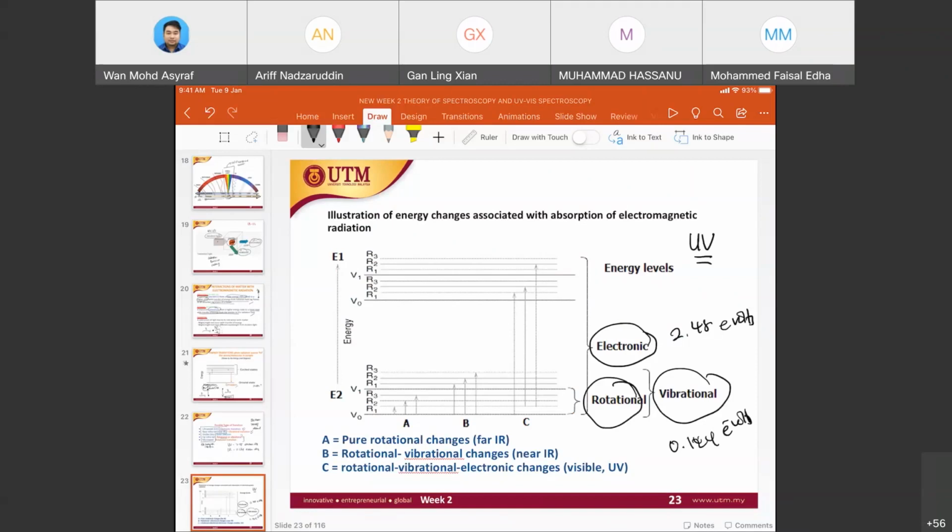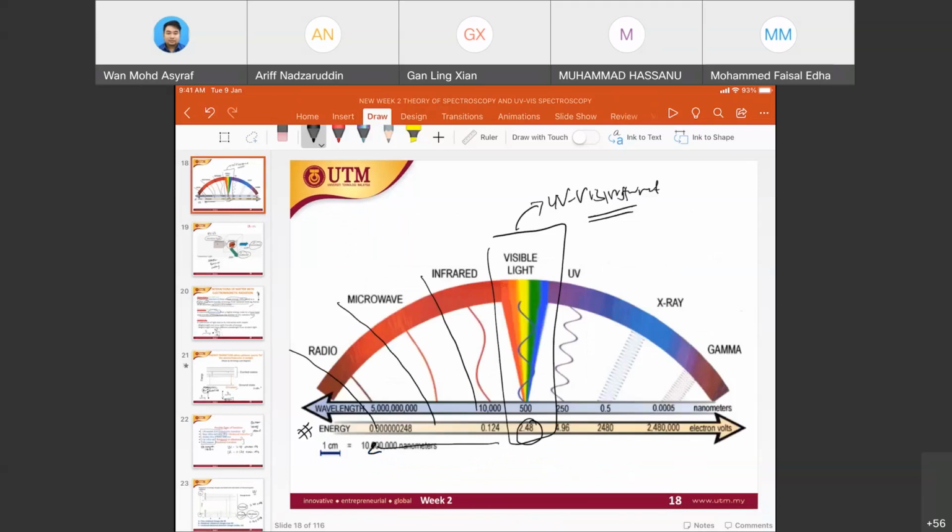That is why, to have an electronic transition from the ground state to a higher state, for example in this illustration from E2 to E1, you need a higher energy as compared to a rotational and vibrational transition. The energy needed for visible light is quite high as compared to infrared, microwaves or radio waves, which have much lower energy.